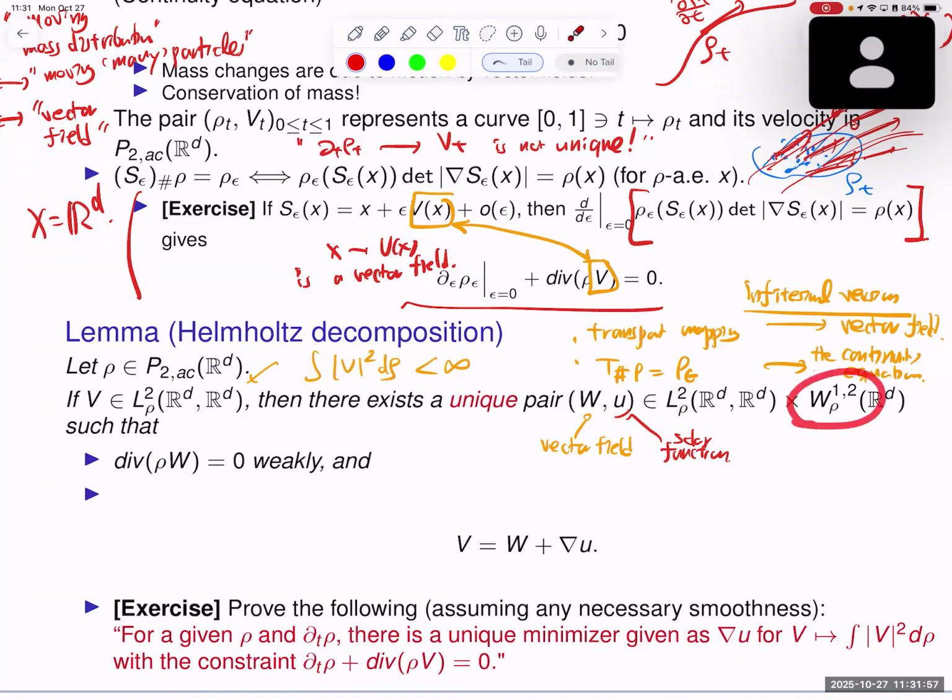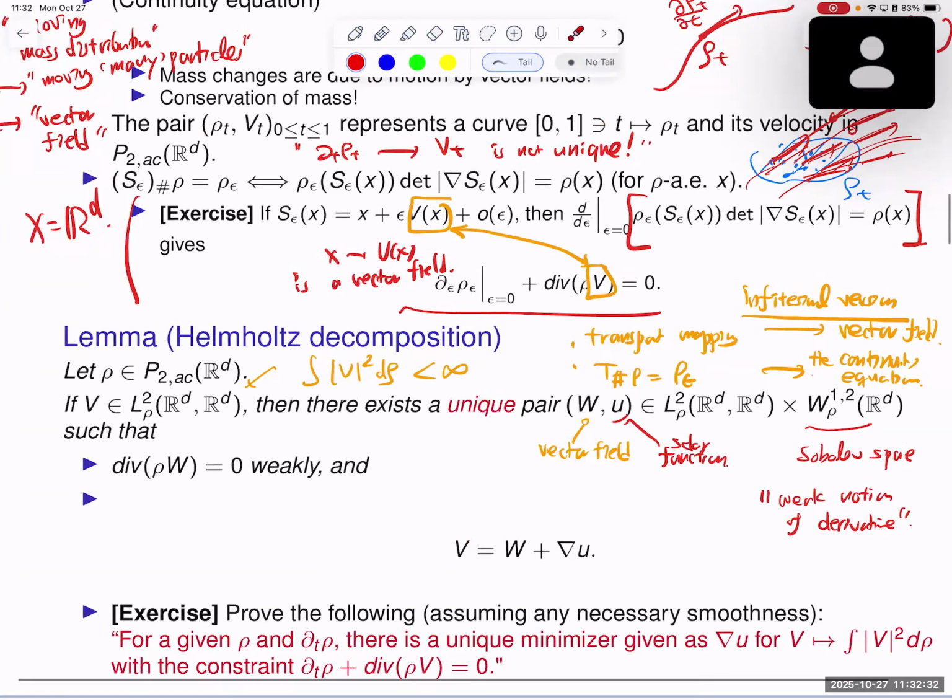This is a Sobolev space, with some kind of weak notion of derivative. Anyways, the point is that u is something you can differentiate in some sense, and W is some nice thingy.